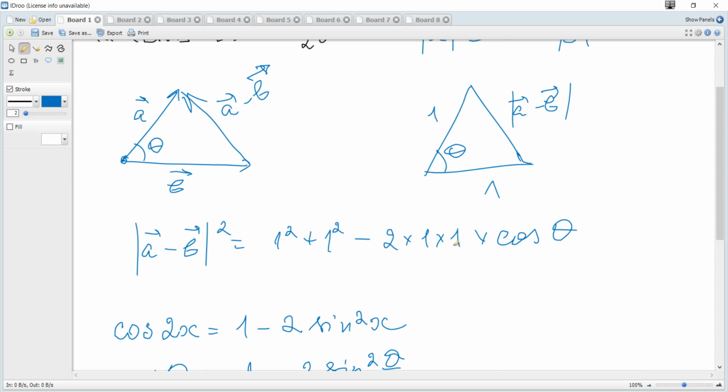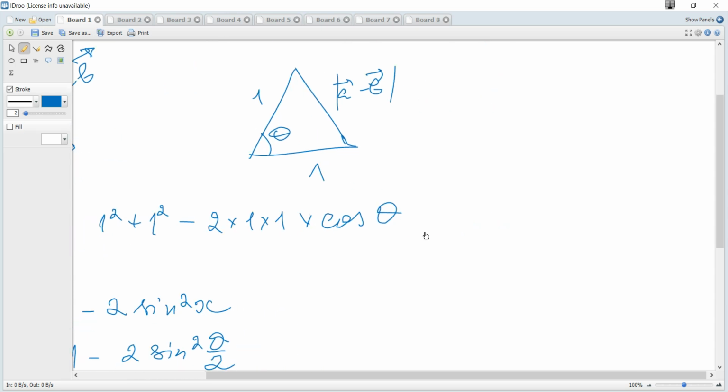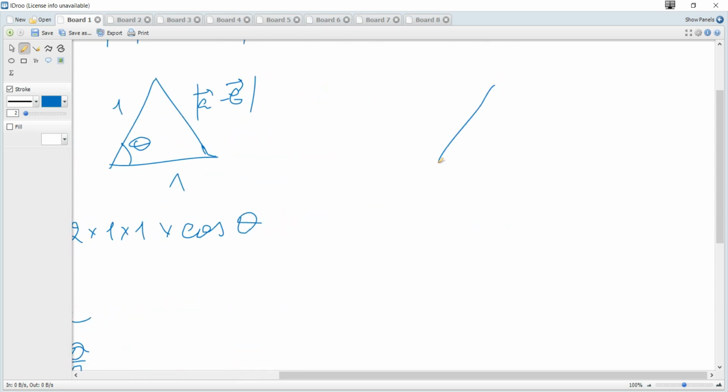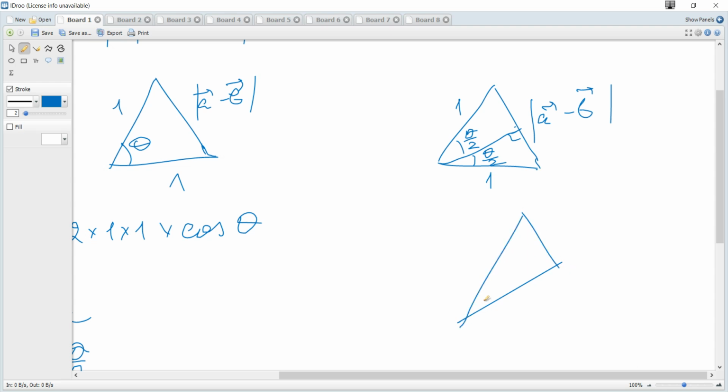For the cosine rule it doesn't matter actually, but if you consider just a half, if you draw a height to this side, which is the required one, since this height is also a bisector, this angle becomes theta over 2, and this is also theta over 2. And if we consider a half, you can see that it becomes like this.